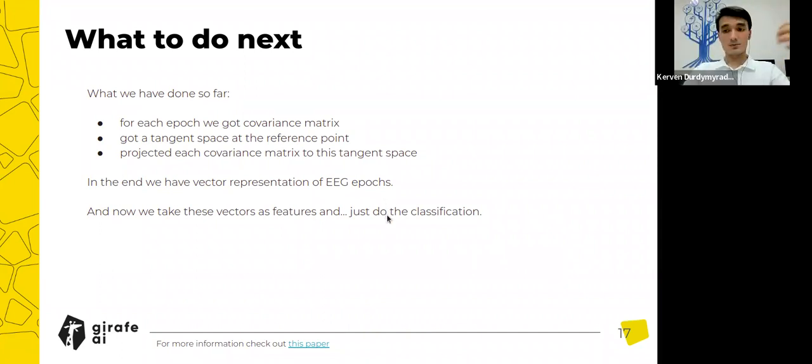So as a result, we get the covariance matrix, and we found the reference point, and finally we project our covariance matrix to the tangent space, and we get the vector form of our initial EEG signals. We can use this vector form for the classification task.